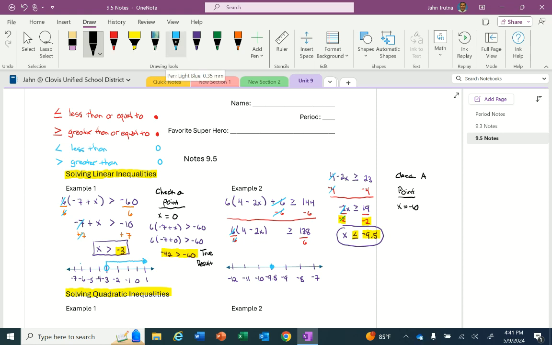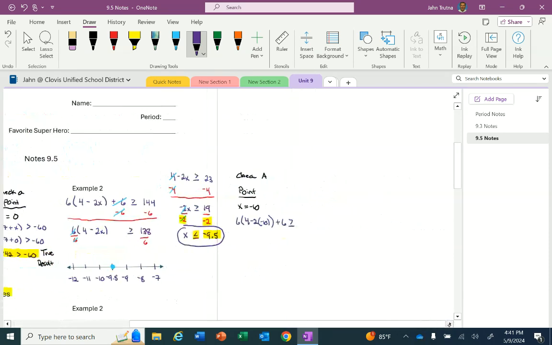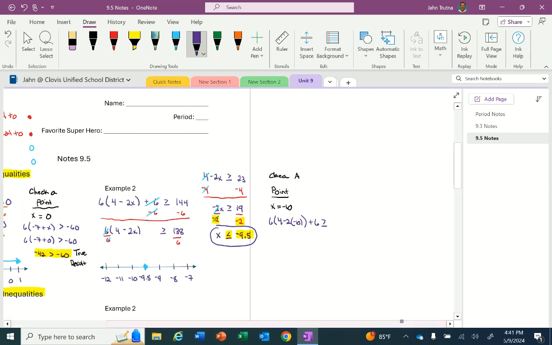It means I take my equation, which was 6 times the quantity 4 minus 2 times x, plus 6 is greater than or equal to 144, but instead of x, I'm going to substitute the negative 10. So I'm going to have double parentheses right there.